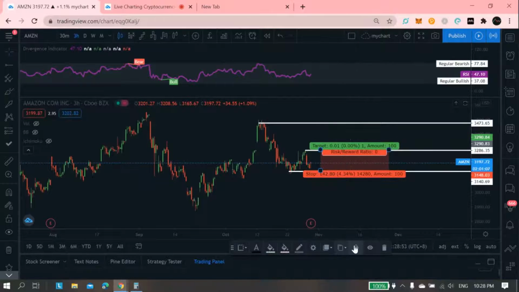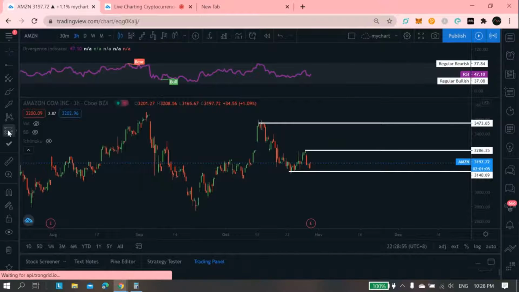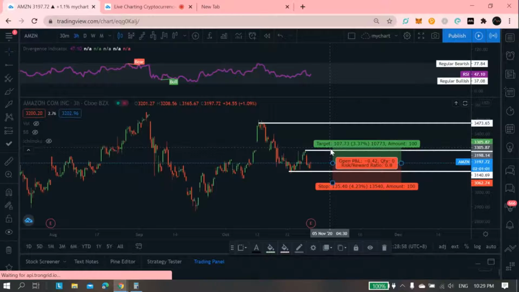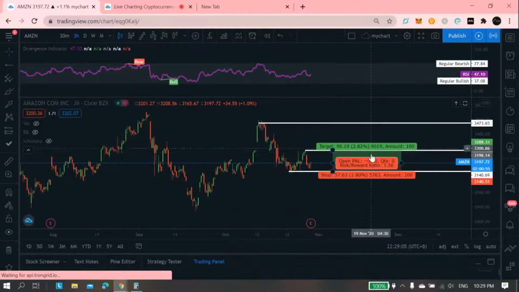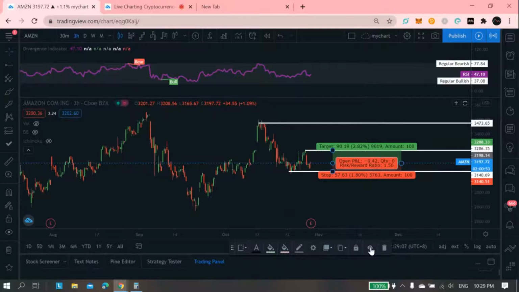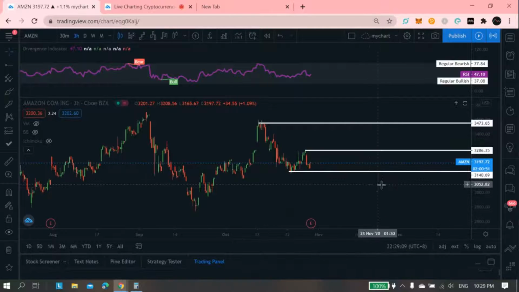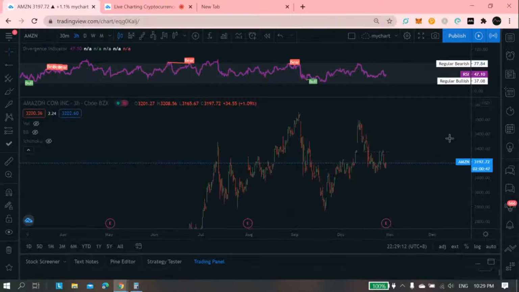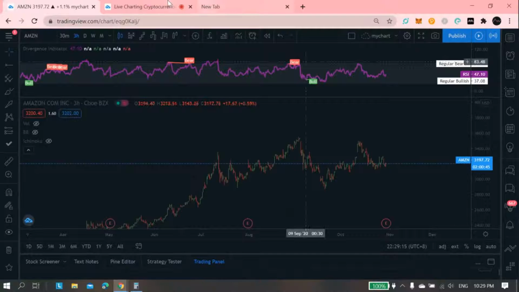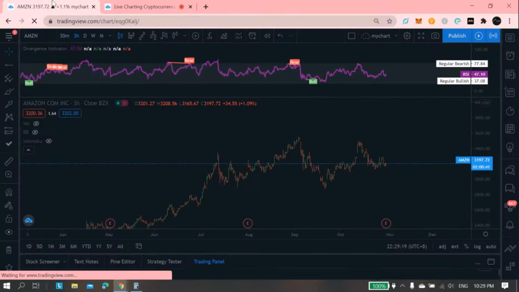Oh, what happened? Let's check. 1.56 only. So yeah, are you using leverage or just buy and hold?